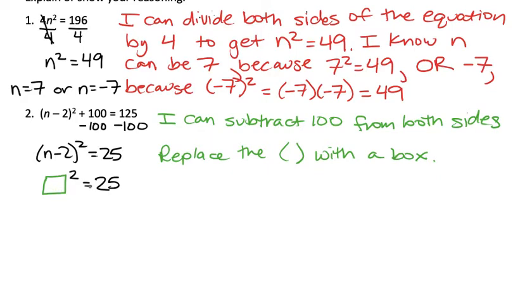Well, we know that the box could be 5, because 5 squared is 25.